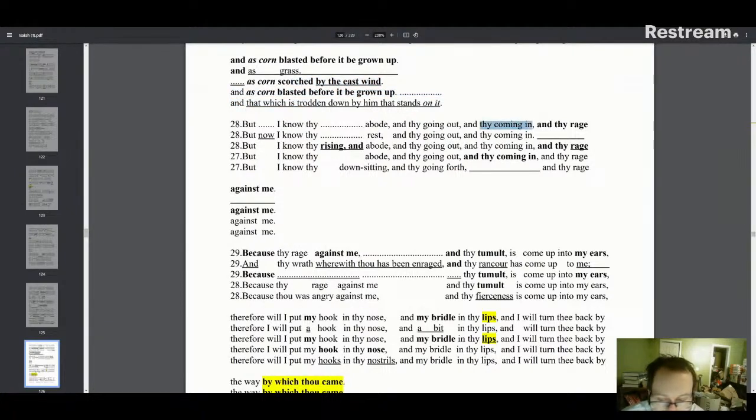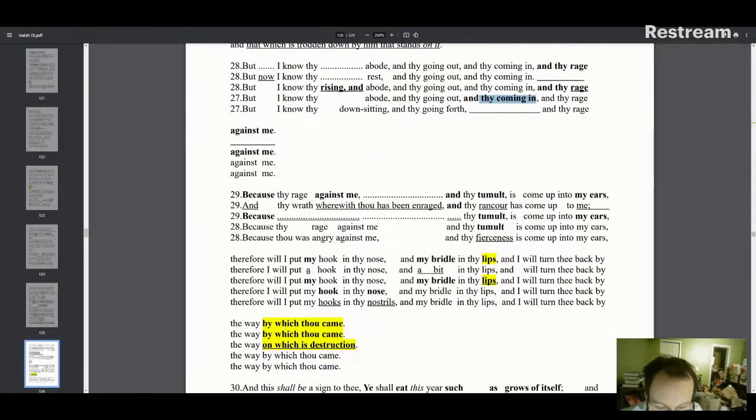"Thy coming in and thy rage against me." Septuagint of Isaiah removes "thy rage against me," and the Septuagint of 2 Kings removes "thy coming in." But the Hebrew of both says the full thing. So we would go with the Hebrew. All the others say "my ears" versus Septuagint Isaiah "me."